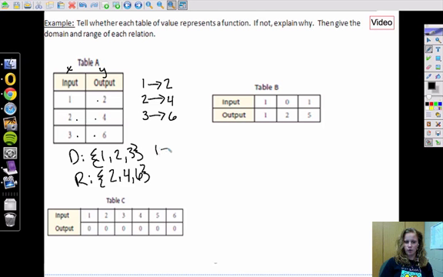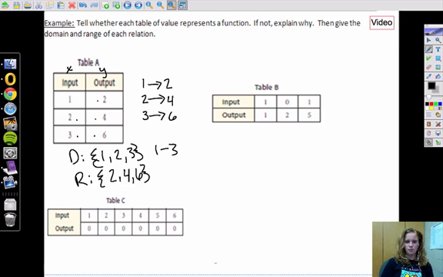I did not write 1 through 3 because 1.5 is not in our domain, 1.7, 2.8, all of those decimals in between 1 and 3 are not in our domain here. So our domain is a set of numbers 1, 2, and 3. Same with our range is 2, 4, and 6.